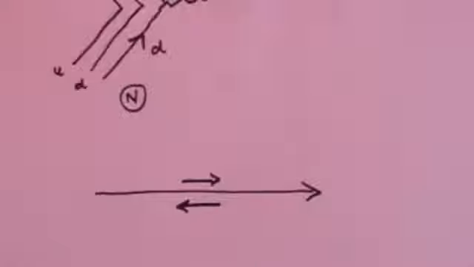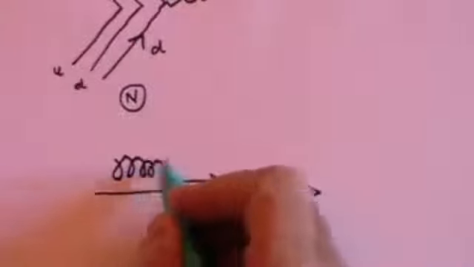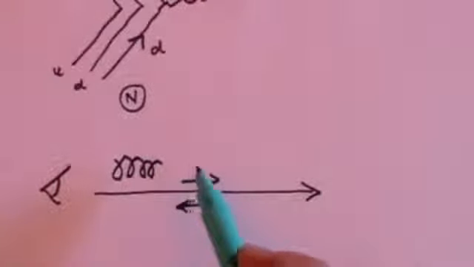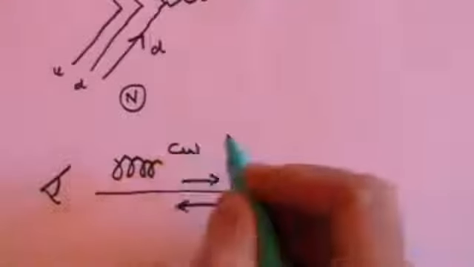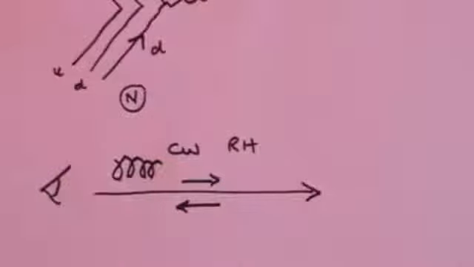So if we are measuring an up spin, that means that if we're viewing from here, the electron will appear to spin clockwise, or we could call that a right-handed spin.